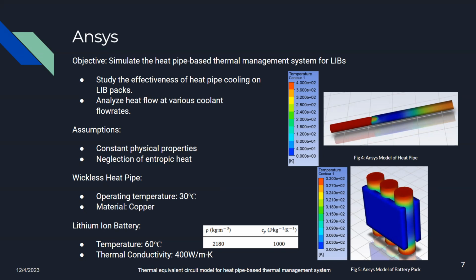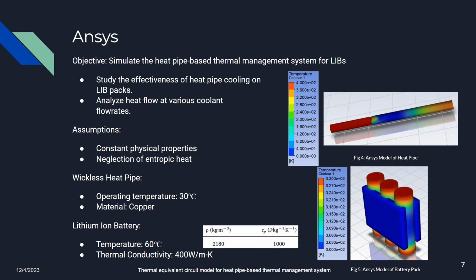And we have the same assumptions as last time with constant physical properties of water, neglecting the entropic heat. And for our heat pipe, the one in the paper uses a copper sintered wick. However, our model is wickless currently, and for our future work, hopefully we could add in a wick for that. Operating temperature in this result is 30 degrees, and material is copper.